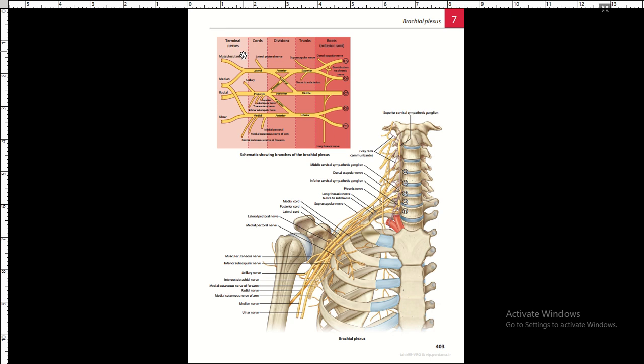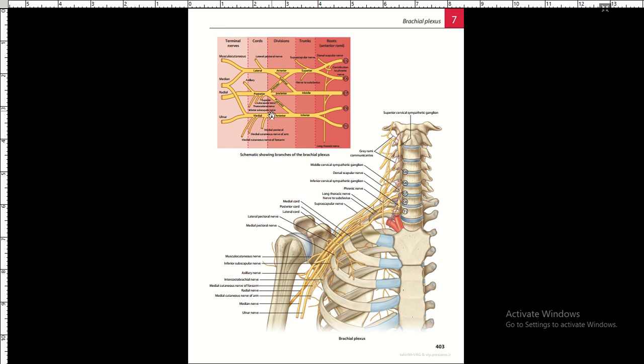So, facts about the brachial plexus that you should never forget. Like I said, the first one is that the roots, the trunks, and the divisions are present in the posterior triangle of the neck. And no peripheral branches or nerves will originate from the divisions of the brachial plexus.